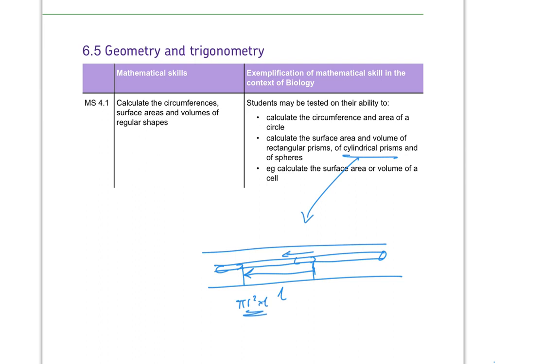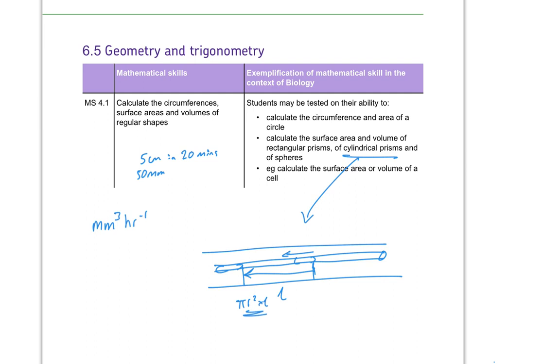So a lot of people, when asked for that, it'll say, give your answer in millimeters cubed per hour, and they've run this experiment for 20 minutes, and it's traveled 5 centimeters in 20 minutes. Right, well, I need to get it into millimeters, so that's 50 millimeters. Get the units changed first of all.